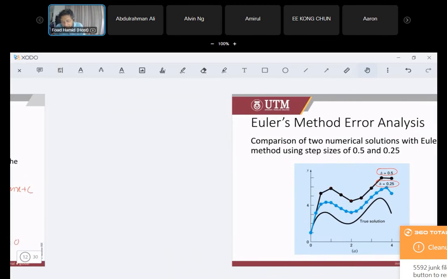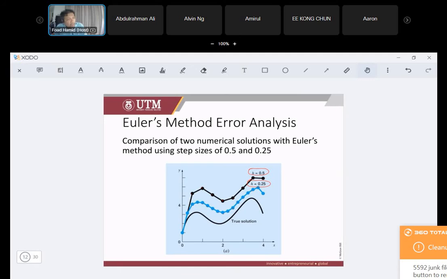We assume this is good for the whole solution. But remember, our first approximation already has an error, and we find the next approximation based on the first approximation that already has a lot of error. So this is the issue with Euler's method.